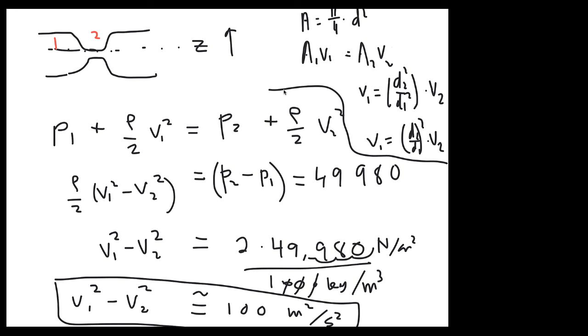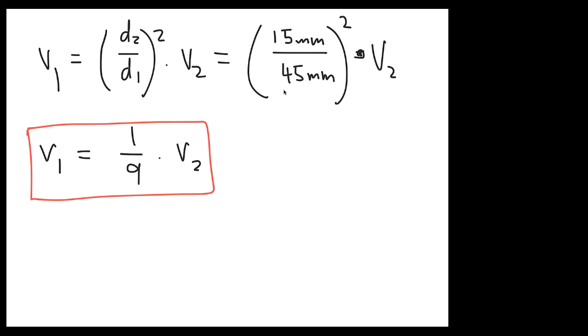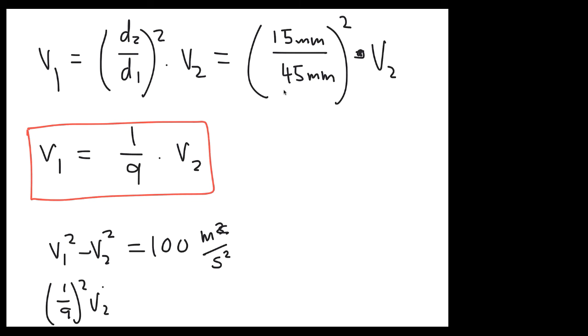Let's take these numbers here and work with them. v1 squared minus v2 squared is equal to 100 meters squared per second squared, which is equal to 1/9 squared v2 squared minus v2 squared.